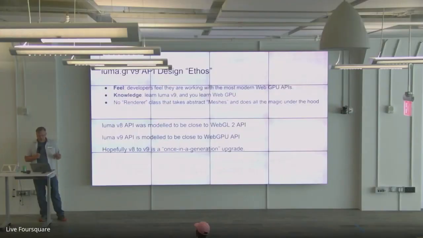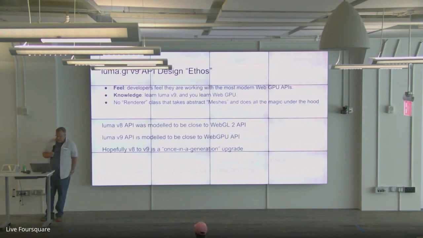And they tend to have a little bit more magic. Three.js, I haven't worked with it for a number of years, but when I did, it had a renderer class, and it took these abstract meshes, and then it did all the magic under the hood. It created the buffers, so it did both the GPU handling, but then also did things that we see more as the responsibility of deck.gl.